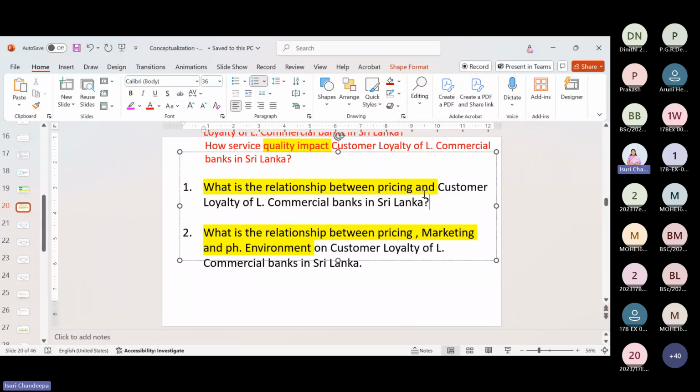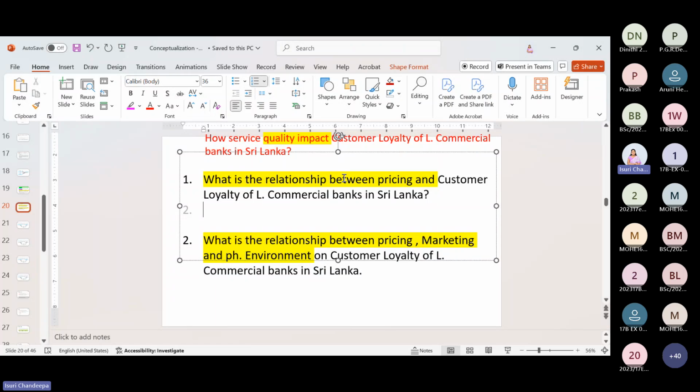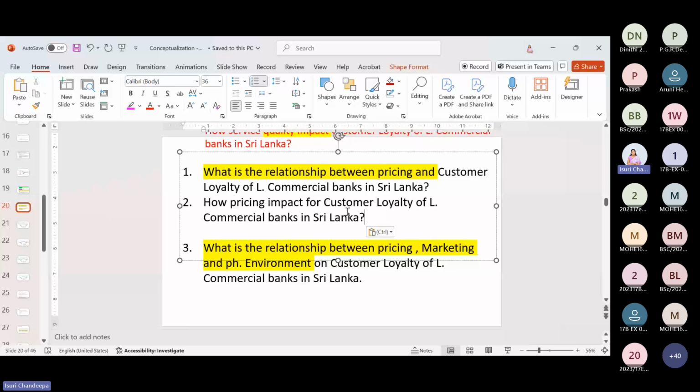Question. Meanwhile, you can develop it as a how. How does pricing impact customer loyalty of listed commercial banks in Sri Lanka?